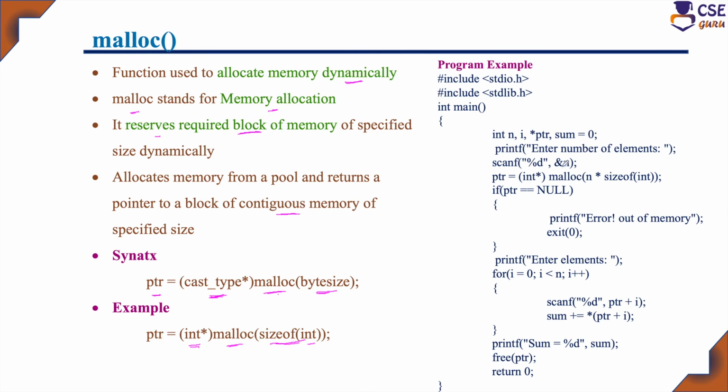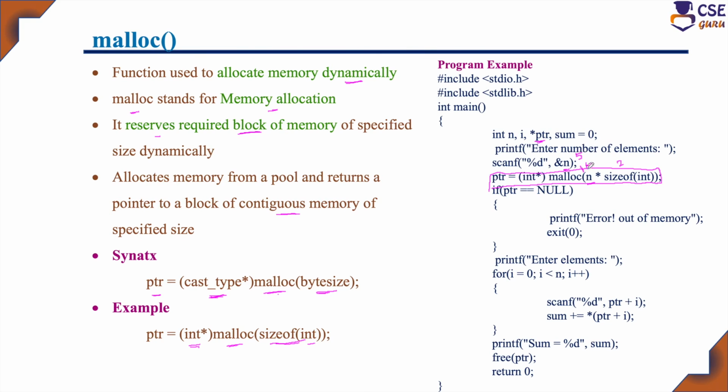For example, declare the pointer variable, and here you enter how many elements you want to store. Then this is the syntax for the memory allocation function: int pointer equals malloc of n into size of int. Suppose you enter 5 for n, then 5 into size of int. The integer data type size is 2 bytes.